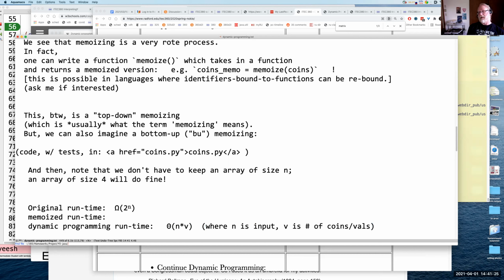I had my variable v as the size of vals. Okay, that's much better. We like n times v.